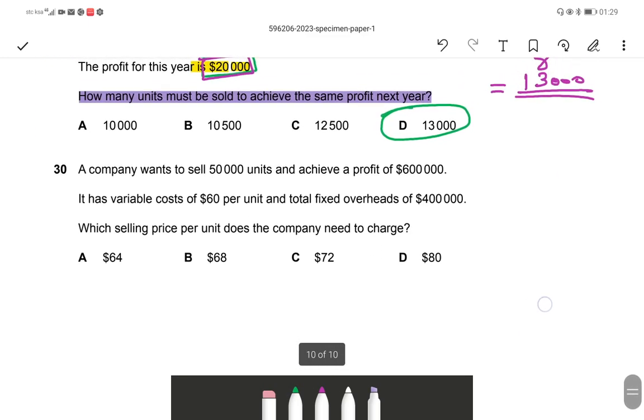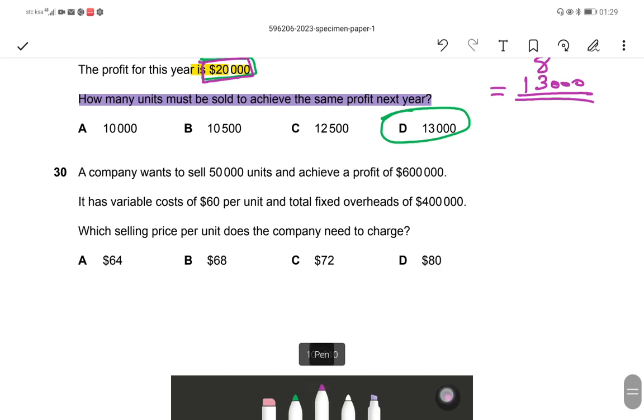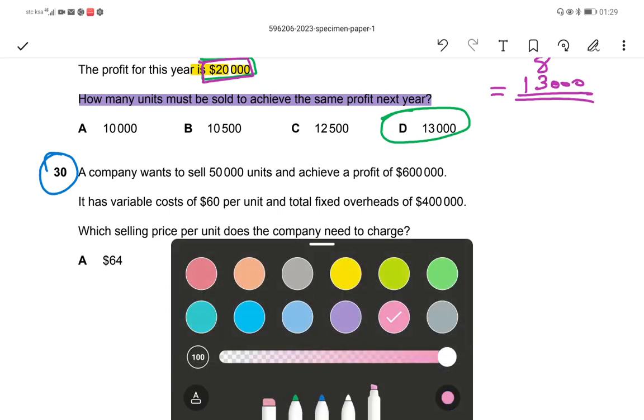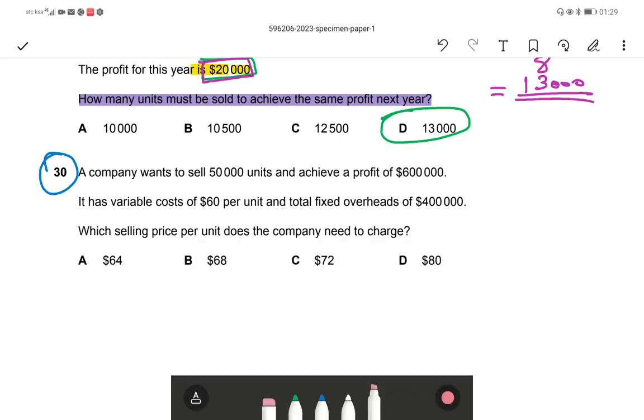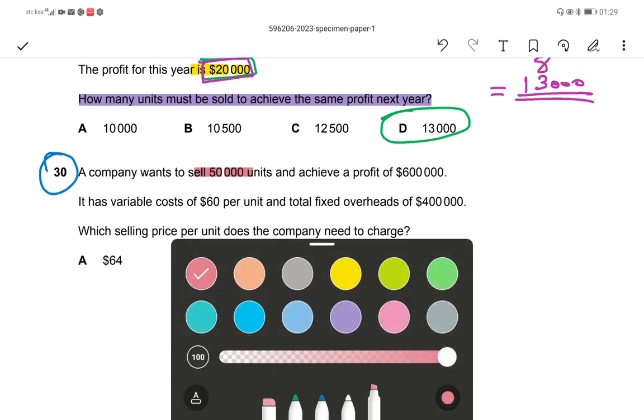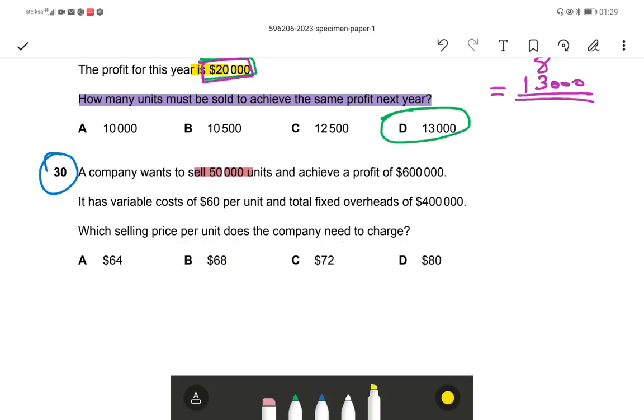Next, question number 30, the last question. A company wants to sell 50,000 units and achieve a profit of 6 lakh.